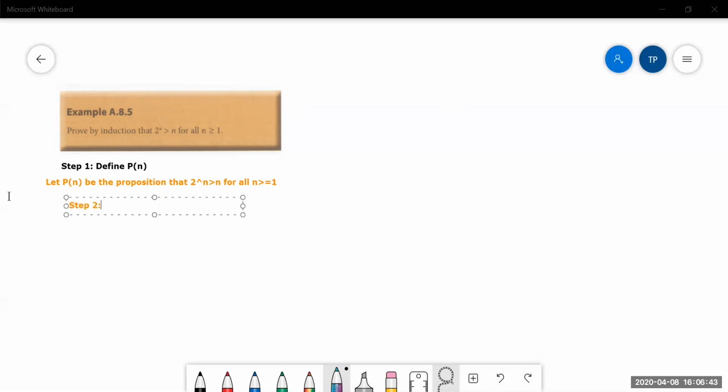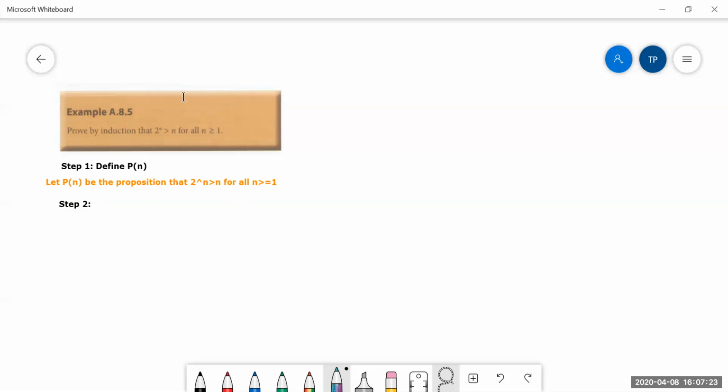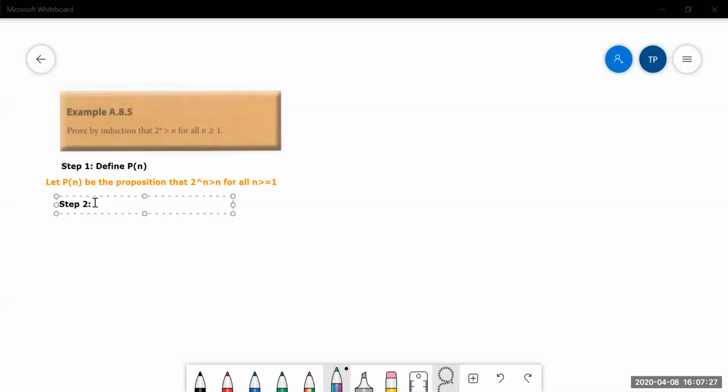Let Pn be... Yeah, step 2 will be: prove that Pn is true for n equals to 1. Very good. Okay.